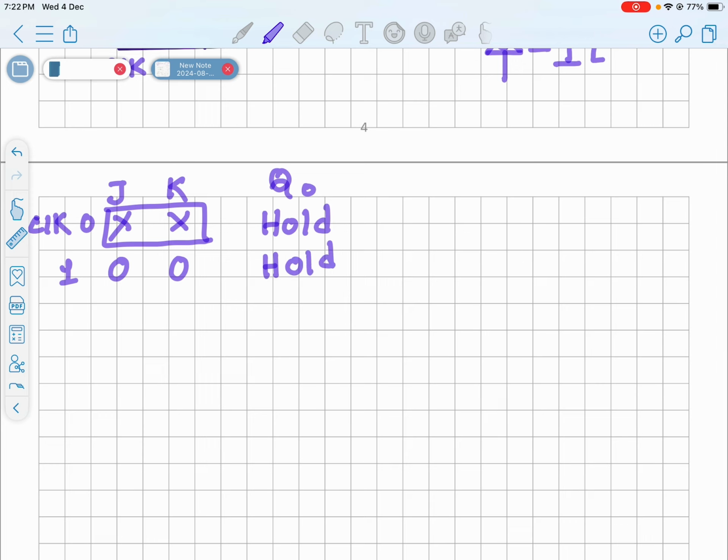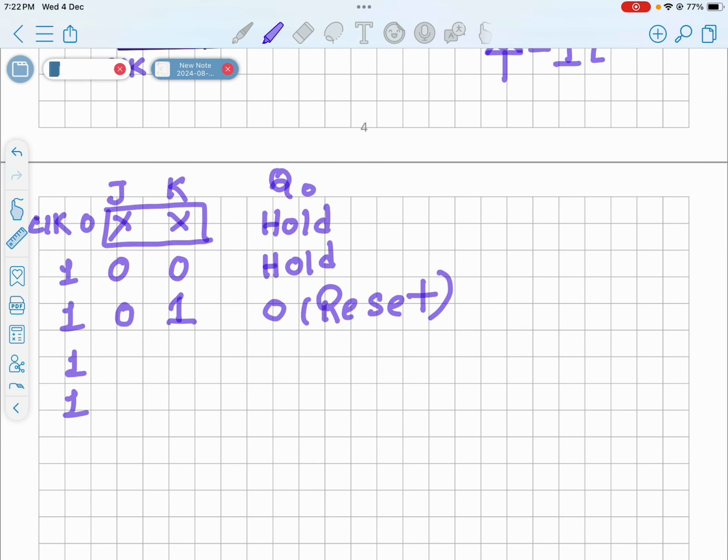The clock is 1 in all the cases. If J is 0 and K is 1, then it will be the reset condition. Reset means the output is 0.